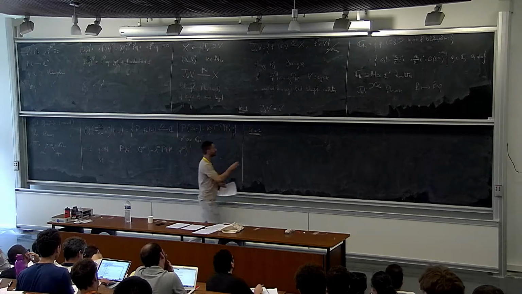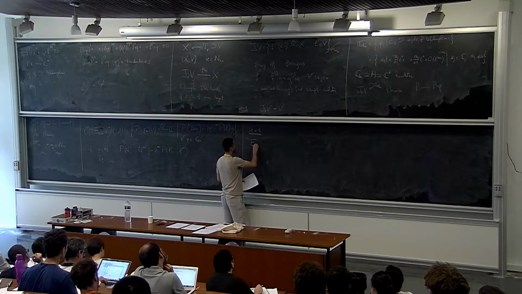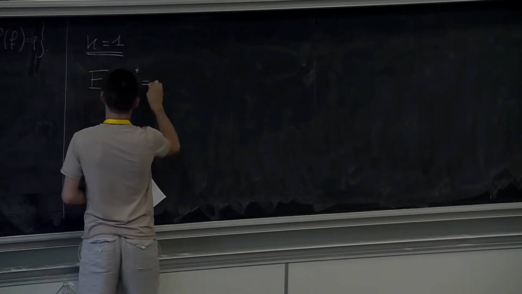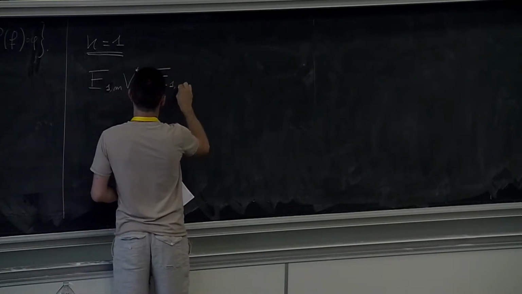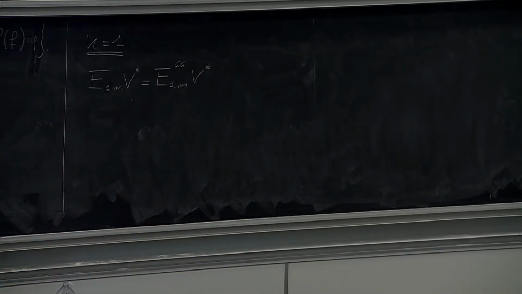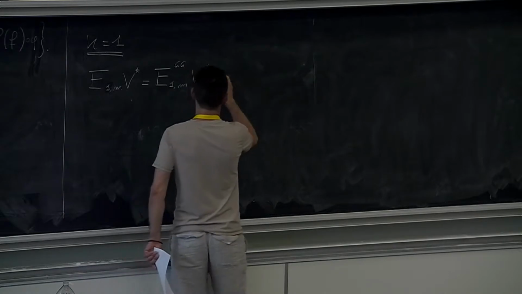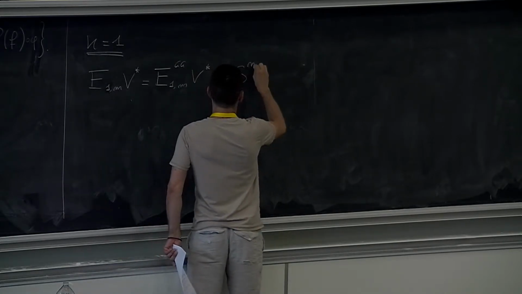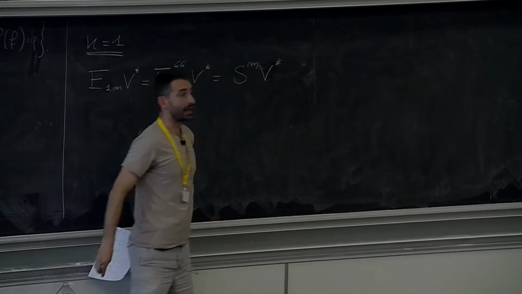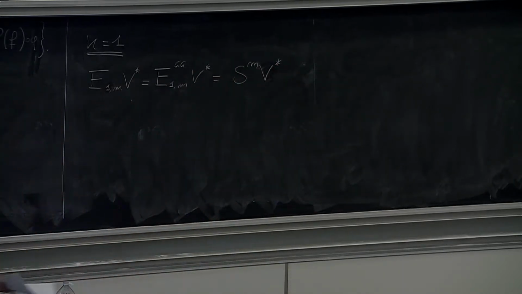In this case, the E_{1,m}^{GG} V* coincides with E_{1,m} V* when k is equal to 1, since reparameterizations are just dilations. So it's the same here, and this is going to be the same thing as homogeneous polynomials of degree m on V.